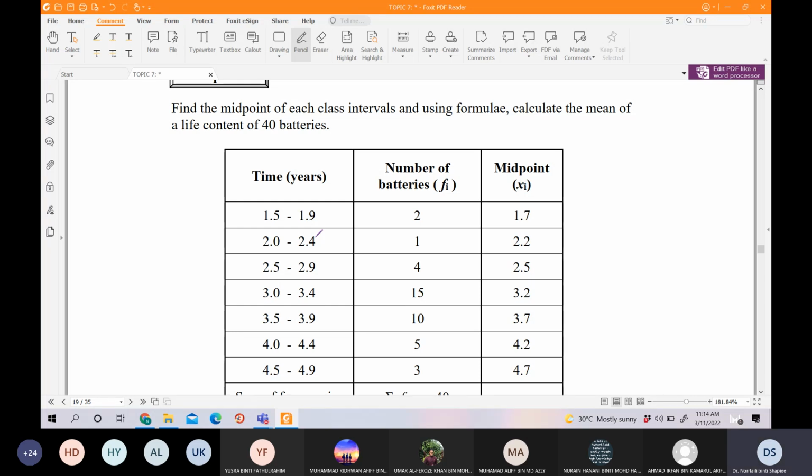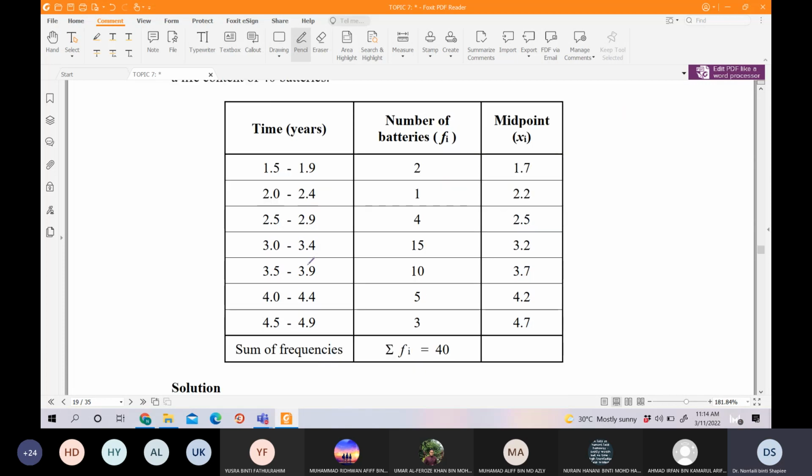This one refer kepada class limit, bukan class interval. So this one consists of class limit here. Class interval pula, class boundary, not class boundary. So midpoint, we got 1.5 plus 1.9 divided by 2, you will get 1.7.